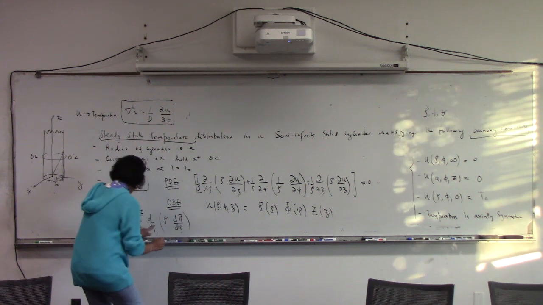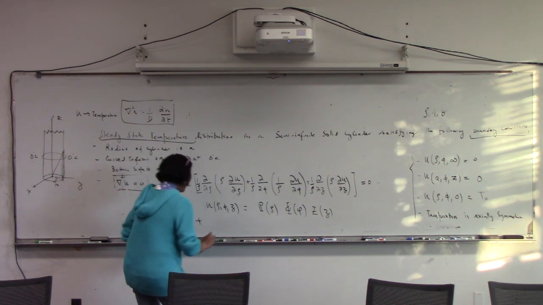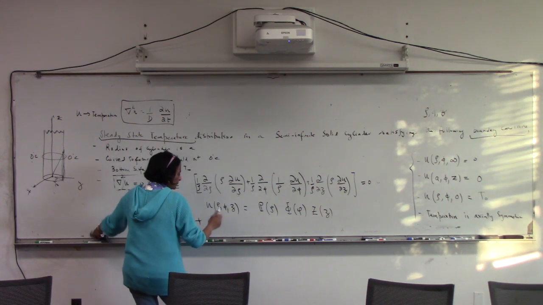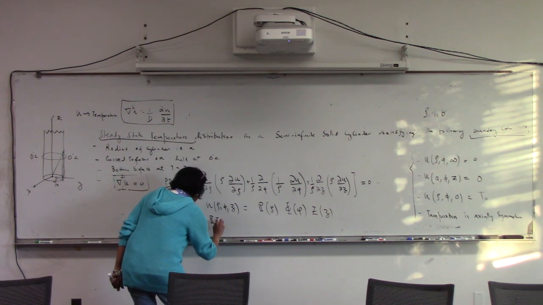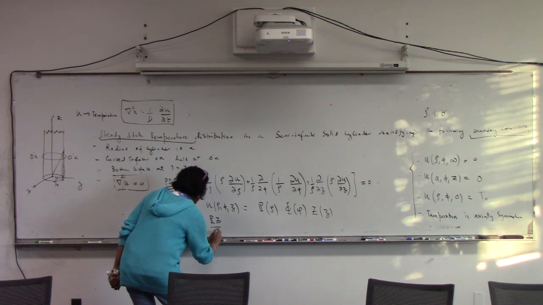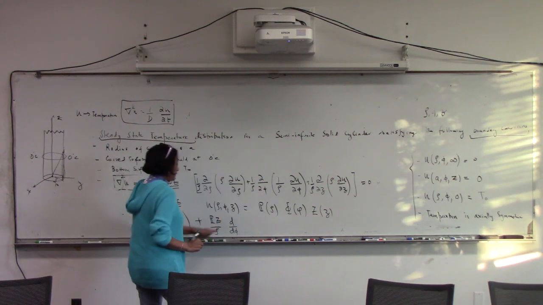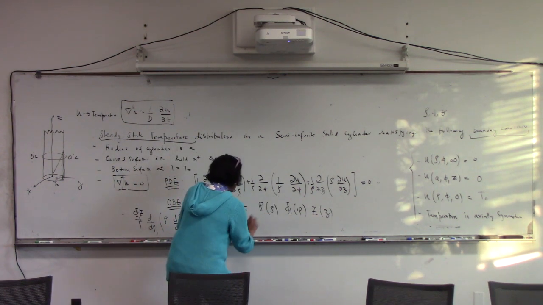Now they're all full differentials, plus 1 over rho. This time I can pull P and Z out, and I have got a rho in the denominator, full derivative with respect to phi of 1 over rho.